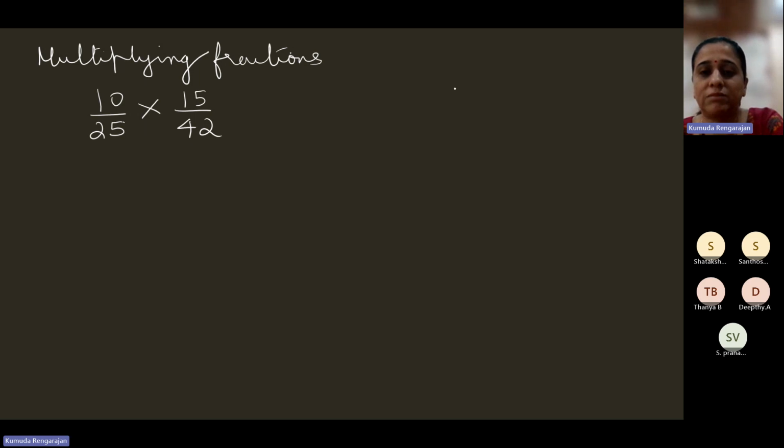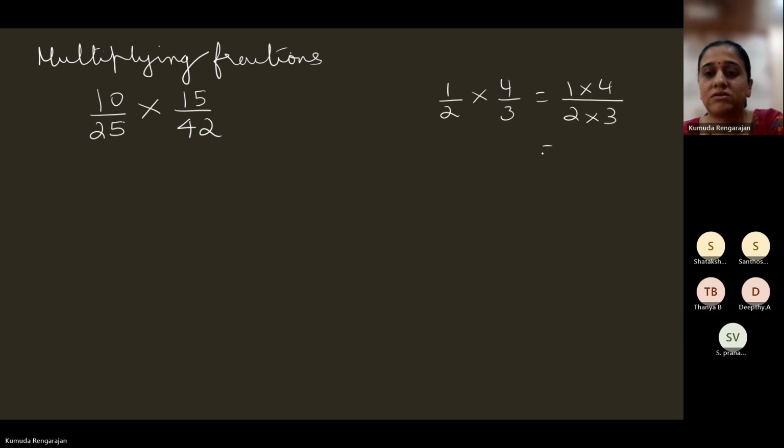See, supposing we'll have to multiply 1 by 2 and 4 by say 3. To multiply two fractions, we'll have to multiply their numerators and multiply their denominators. So which gives us 4 by 6. You can simplify, 2 2s are 2, 2 3s are 6, which is 2 by 3.